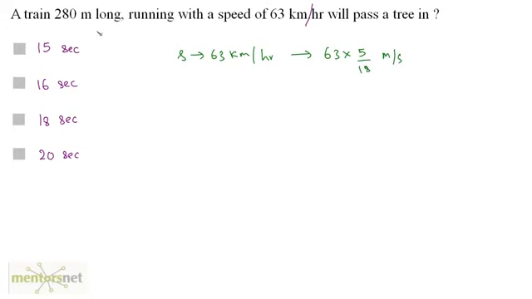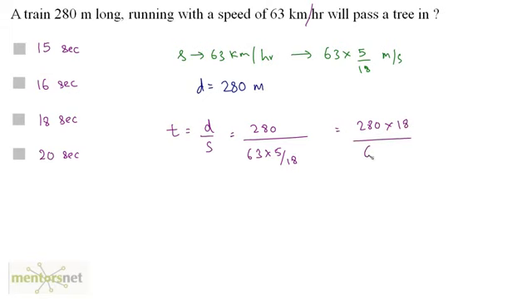The distance is 280 meters. Time is equal to distance upon speed, right? So 280 upon 63 into 5 by 18, and that's 280 into 18 by 63 times 5.